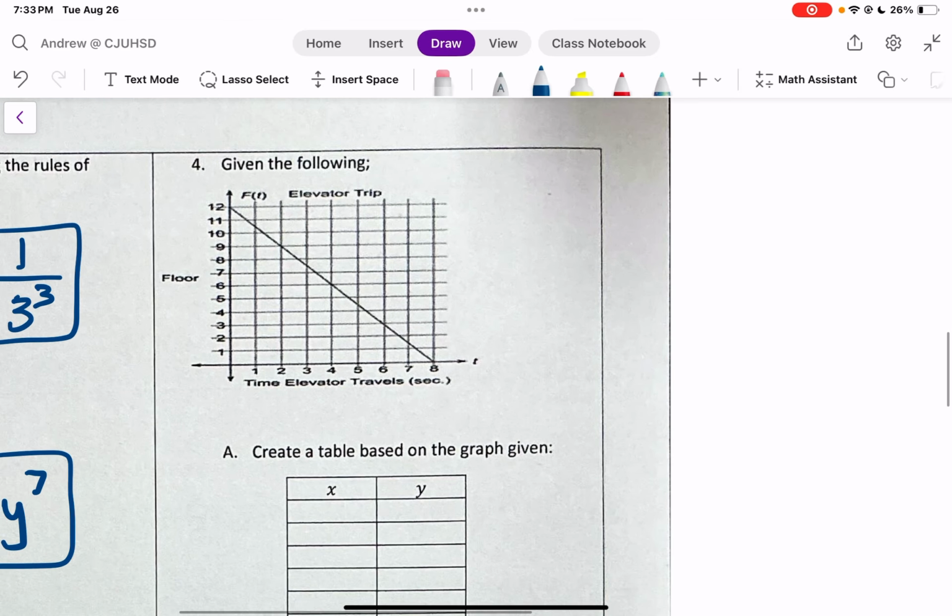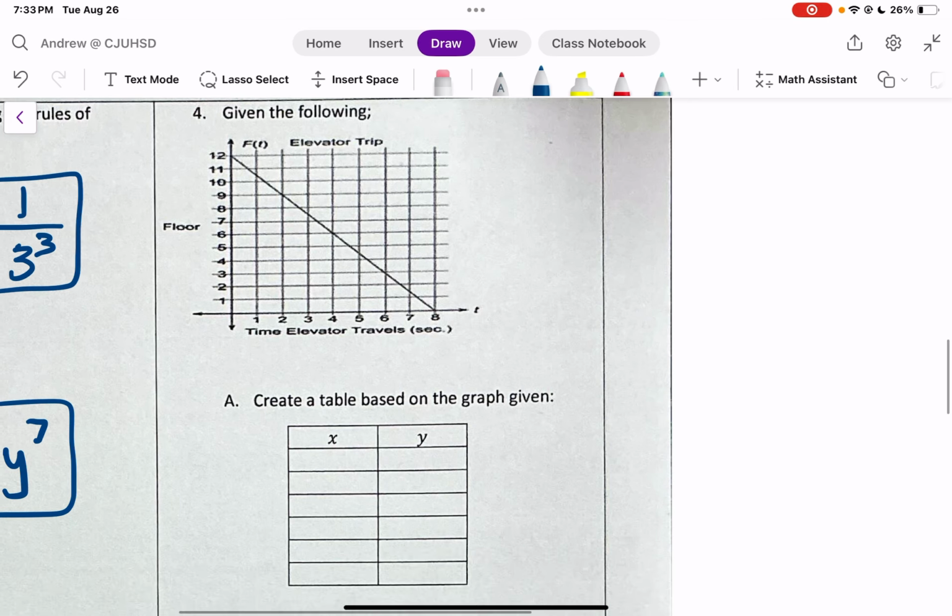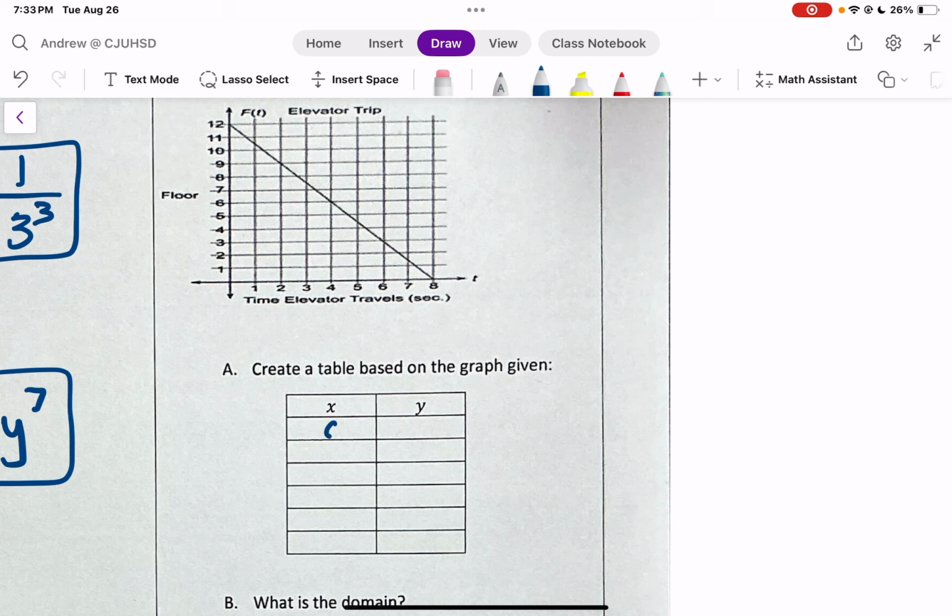Last problem. Okay, here's the function. Time on the x, floors on the y. Looks like I'm going from the 12th floor down to the ground floor. So the table would start 0, 1, no, actually, 0, 1, 2, 3, 4, 5. And then the y, looks like we're on floor 12. At 1, I would just have to approximate that.